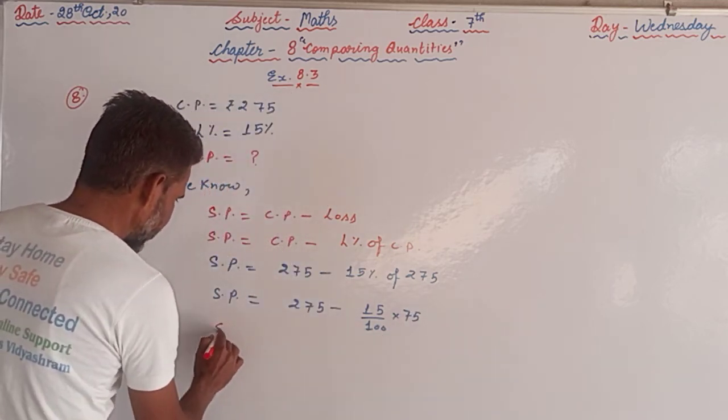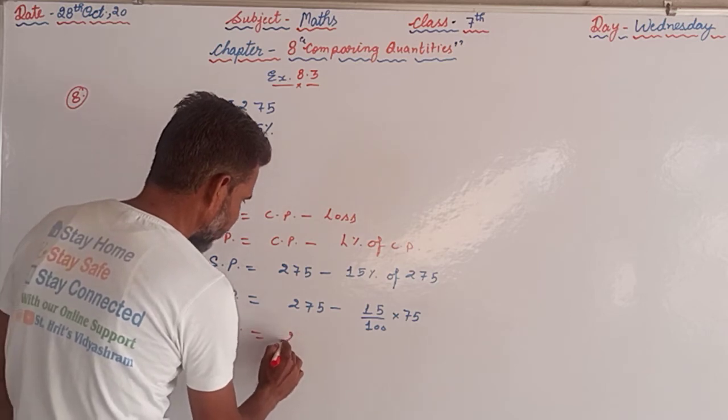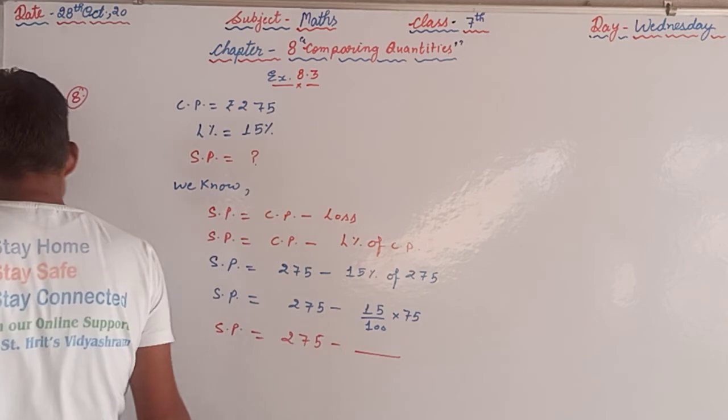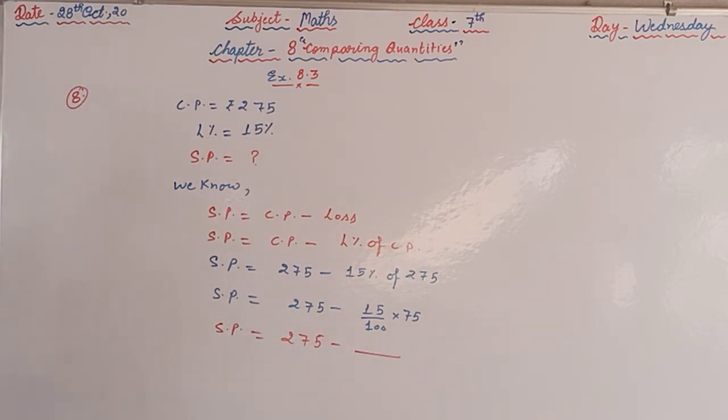From here we can calculate 275 minus, now we are supposed to multiply 275 with 15.